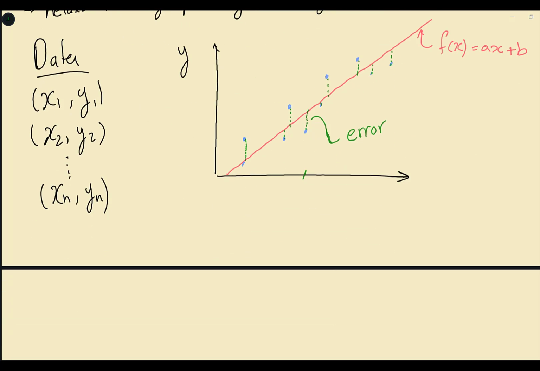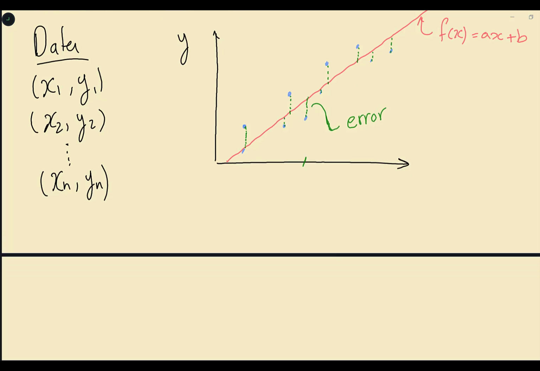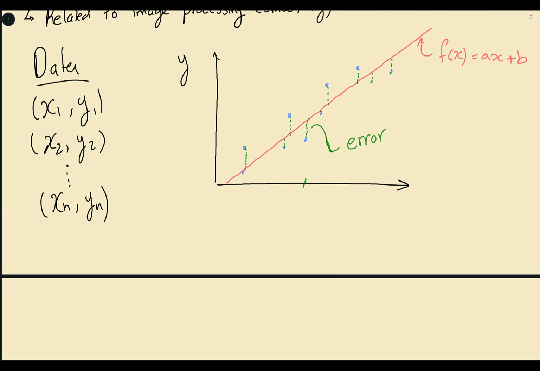So let's highlight the different types of error and how we can use them to determine the line of best fit. All right, the first type of error is called max error.